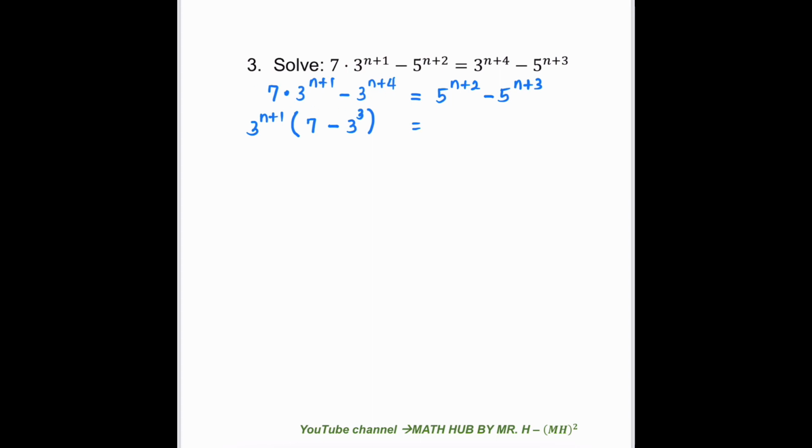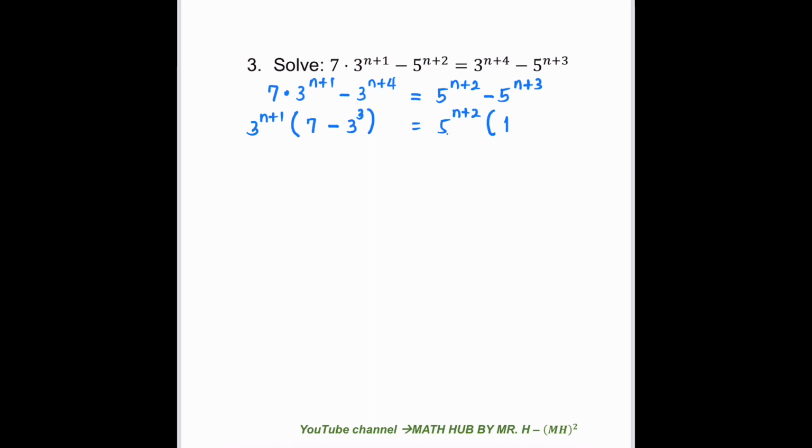So we will apply the same concept on the right. So for the right-hand side of the equation, we can factor out 5 to the power of n plus 2. 5 to the power of n plus 2 can be factored out. So if we take this out, definitely from this term, 1 will be left because 1 times 5 to the power of n plus 2 is 5 to the power of n plus 2.